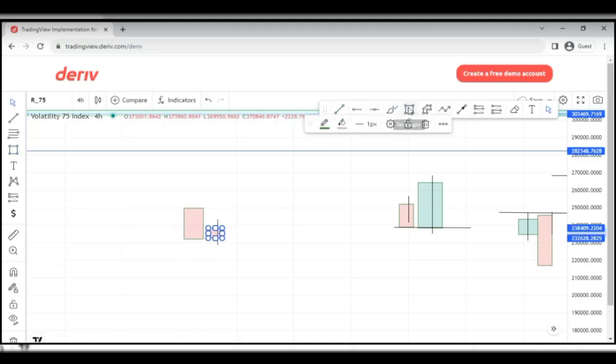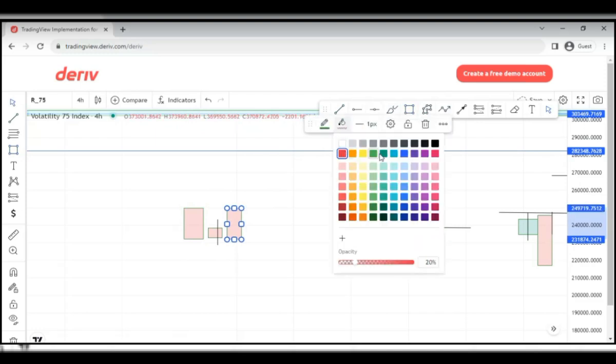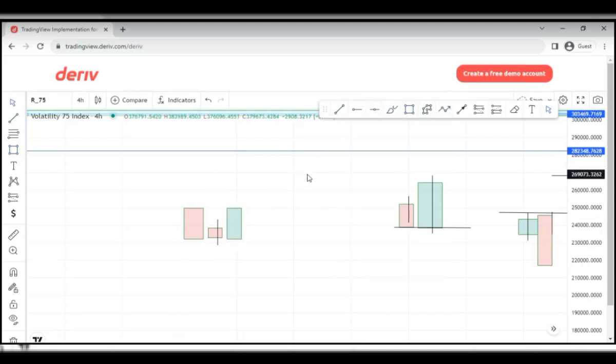And then we have a candle here, probably green in color. When you see candles like this, you call it a morning star.